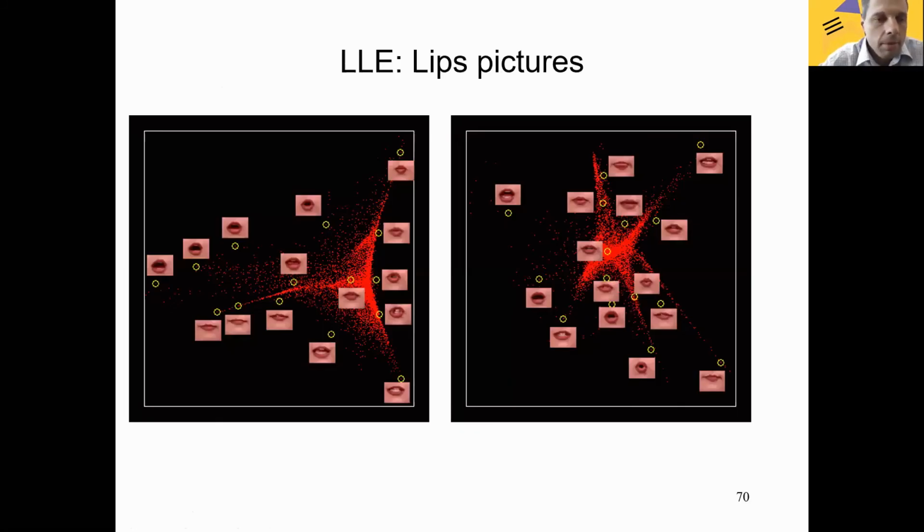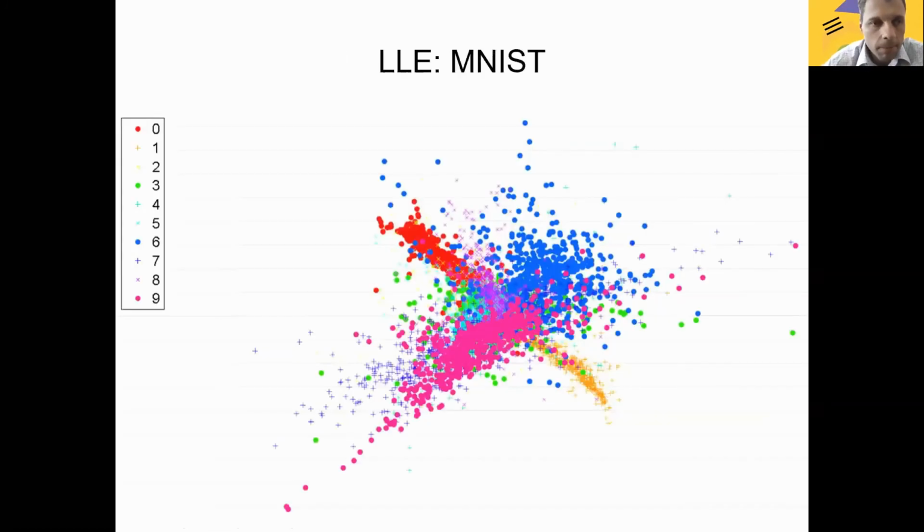And here is an example. So this is the data set of images with lips, and we see that if we project these images on just a two-dimensional space, then close points in this cloud of points correspond to semantically similar images, which to some extent proves that this projection is meaningful.